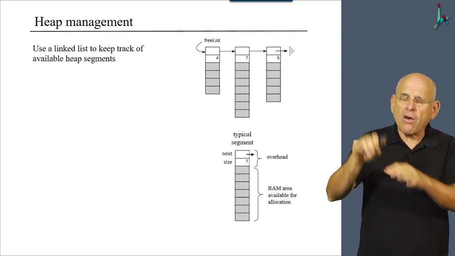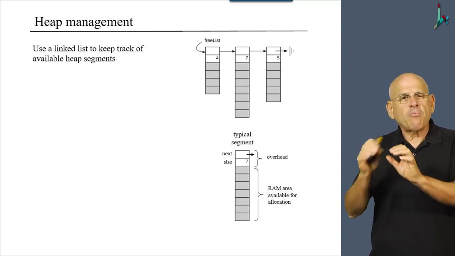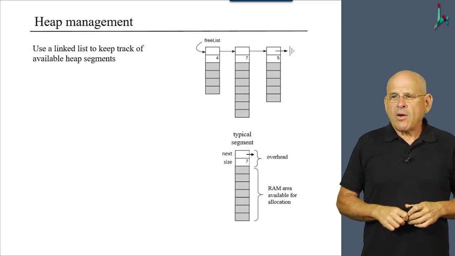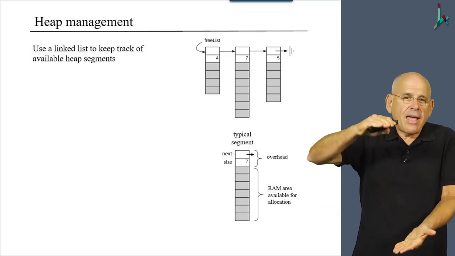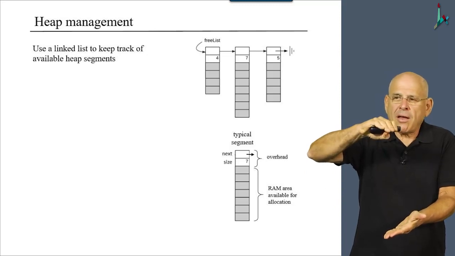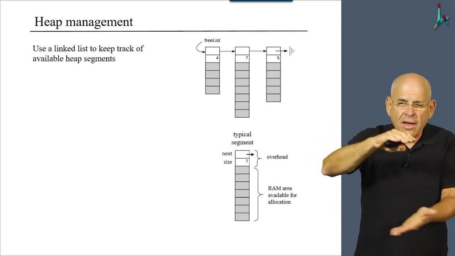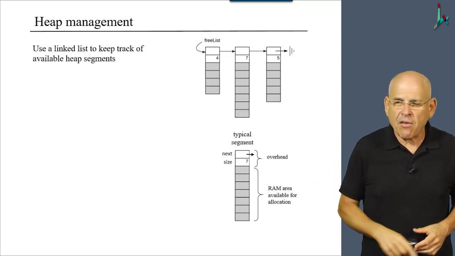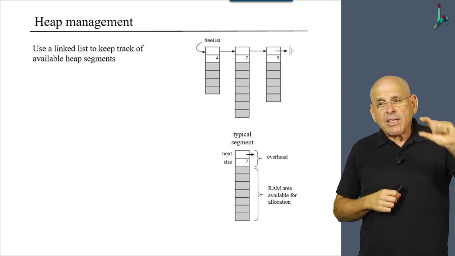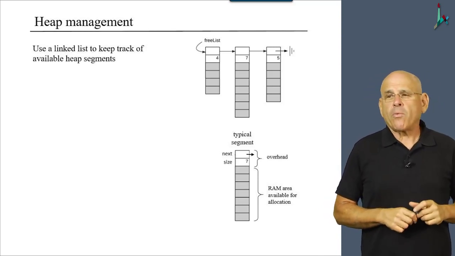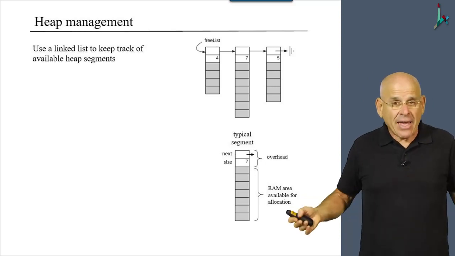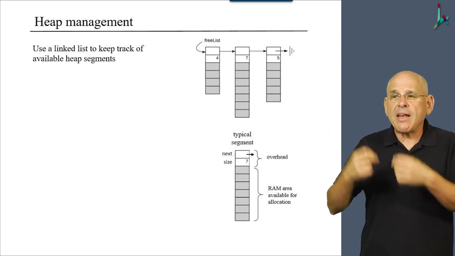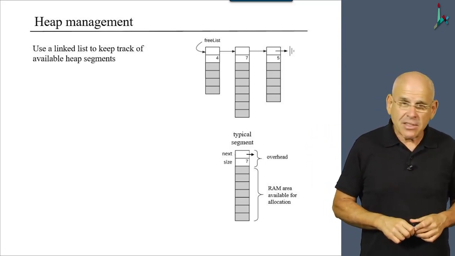Once again, what you see below is a more detailed description of the segment that sits in the middle. A typical segment has a data part, which contains all the words which are available to store the actual data of the object or the array, as well as two overhead words, which include, first of all, the size of the data block and a pointer or a reference to the next segment in the free list.